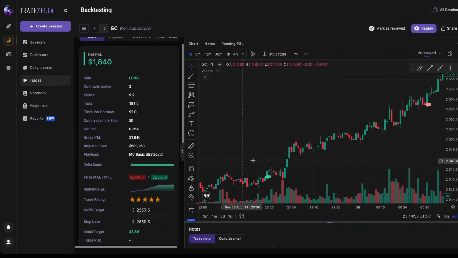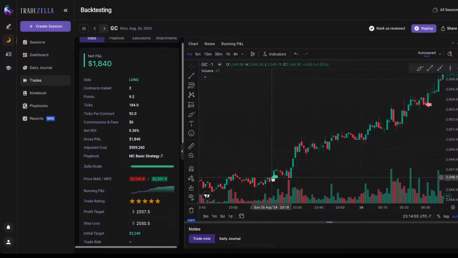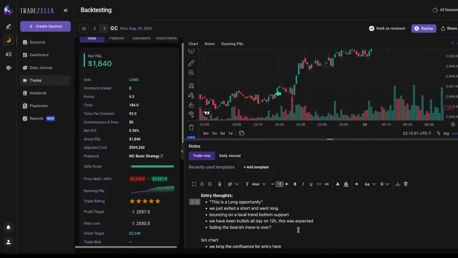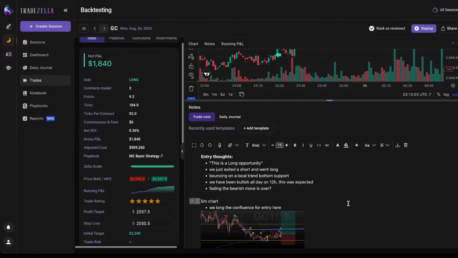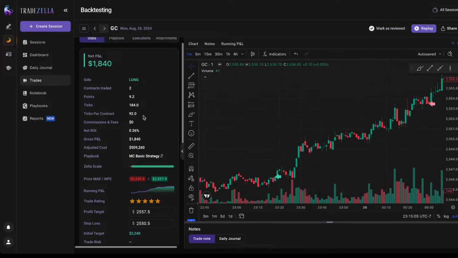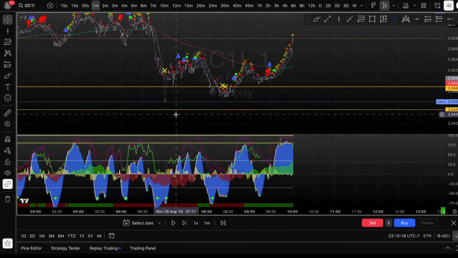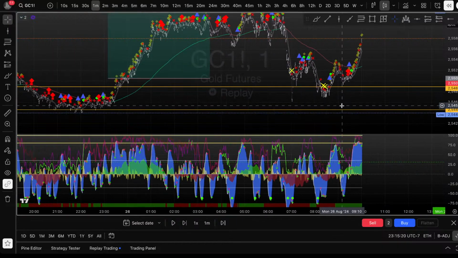Where's my entry? Here. It would have stopped us out if we just stayed in this.